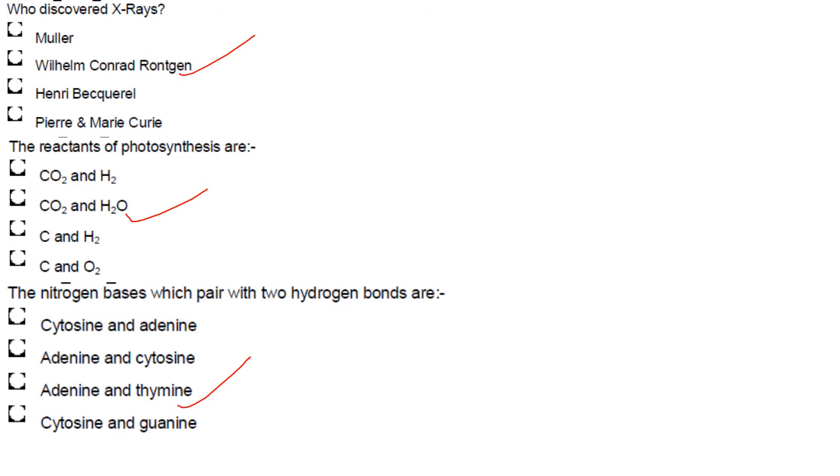Answer is option B. The reactants of photosynthesis are carbon dioxide and water. Answer is option B. The nitrogen bases which pair with two hydrogen bonds are adenine and thymine. Answer is option C.